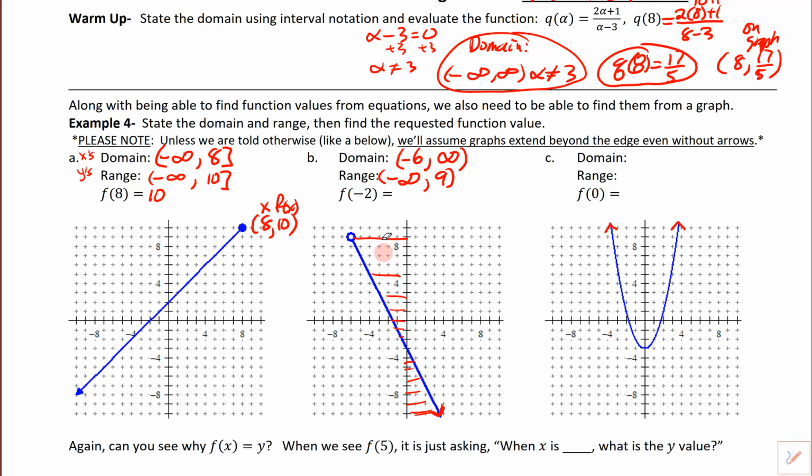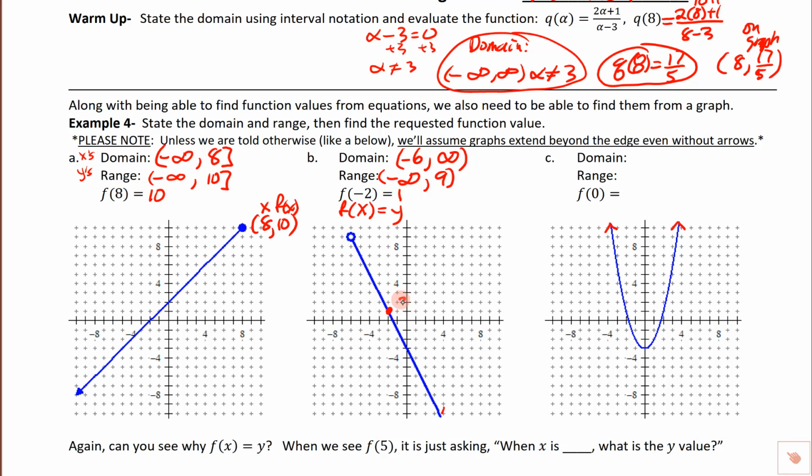So if you want to find f of -2, here's what we need to do. We need to go to -2 on the x-axis. Remember, this is f of x, and we want to find the y value there. So we're going to go to -2 on the x-axis, and then we're going to go either up or down. Well, right there, that's the point with an x-coordinate of -2. And that means the y-coordinate would be 1.